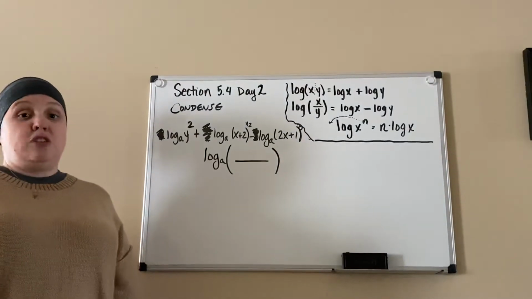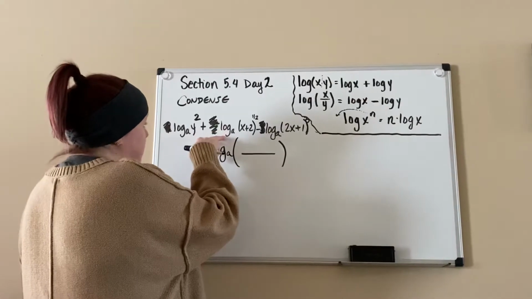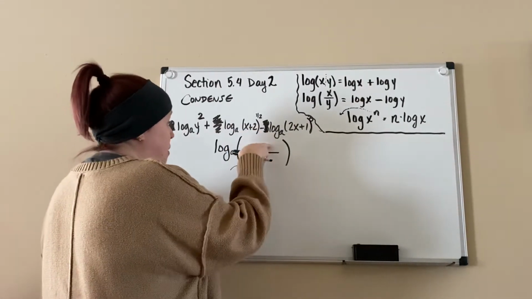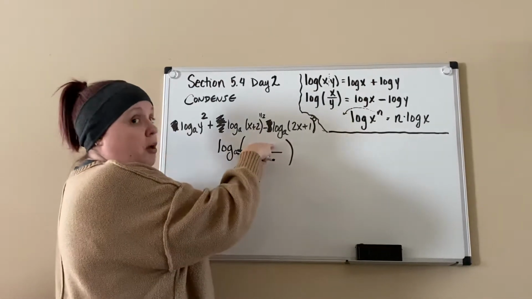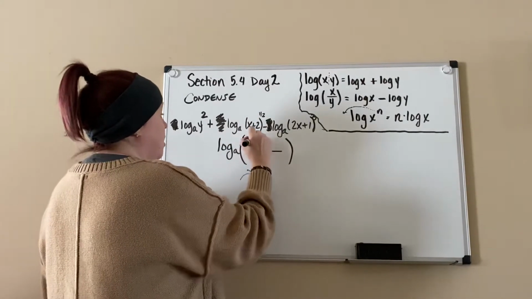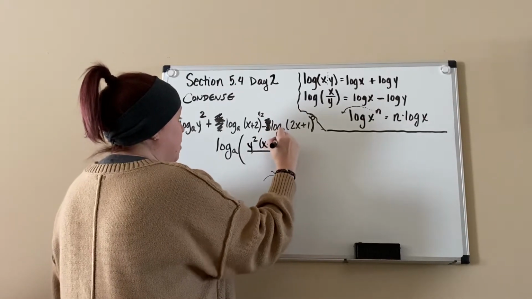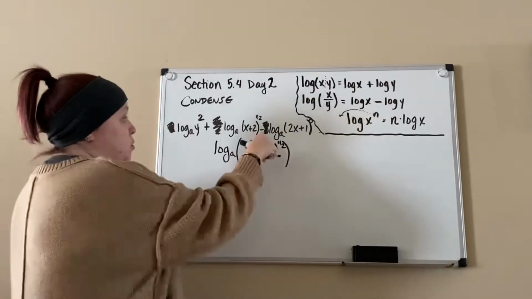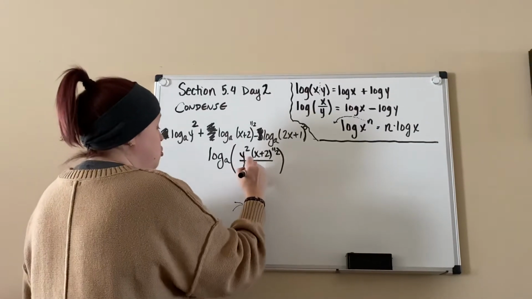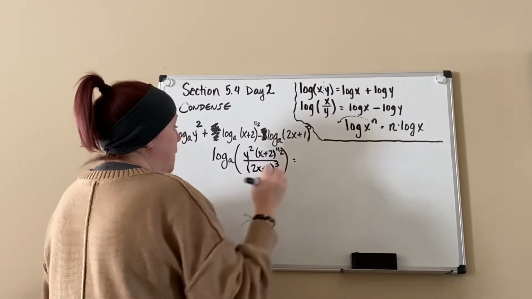I know there's division, so I know there's a fraction. The pieces that are plus go on top because they are multiplication and they're positive. So y squared is going to go up here, and x plus 2 to the 1/2 is going to go up here. This one's subtraction, so 2x plus 1 to the 3rd is going to go down here.